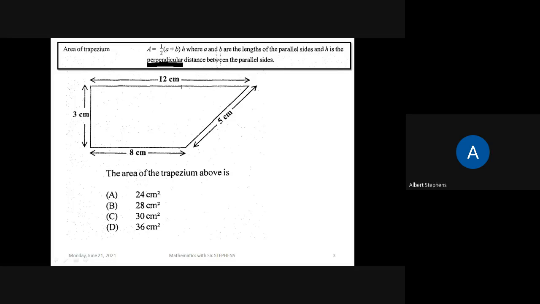Perpendicular distance. So class, let me ask a question. Is 3 the perpendicular height or 5? Which height are we going to use in the formula? 3. 3, sir. We're going to use 3 because 3 is the what? The perpendicular height. 5 is what we call the slant height. We don't use that.